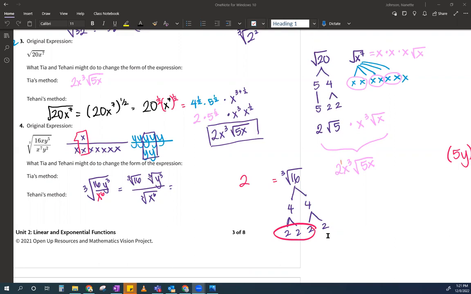Yeah, you leave them alone. Mistakes that people make is that they forget to put a little cube root right here, and they'll write 2 square root of 2. And that's wrong. If it starts as a cube root, it'll finish as a cube root. So the 16 goes to 2 cube root of 2.